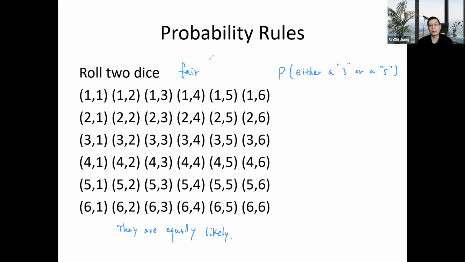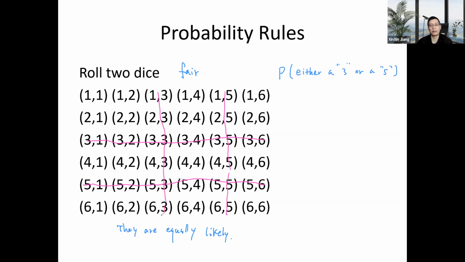One way of doing that is just count. Oh, there's a 5 here. There's a 5 here. There's a 3 here. And there are 3 here.